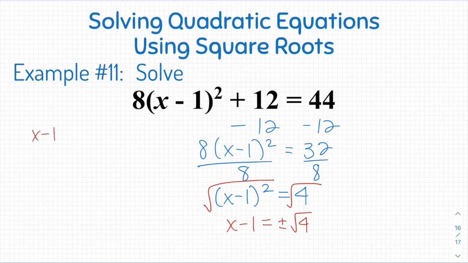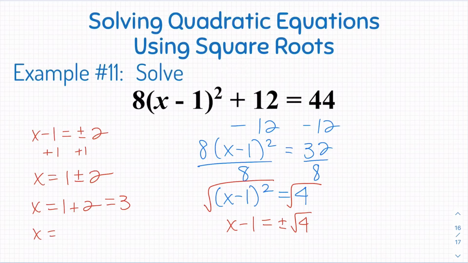The square root of 4 is 2. Plus or minus 2. I get x equals 1 plus or minus 2. And just like that last example we did, I know that I can add and subtract those numbers cleanly. 1 plus 2 is 3. 1 minus 2 is negative 1.